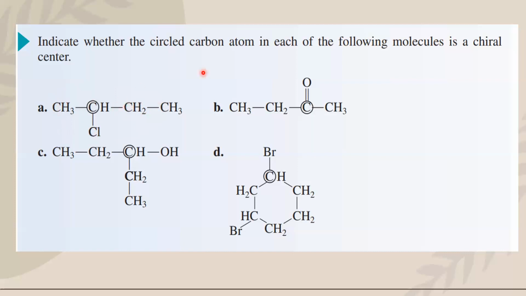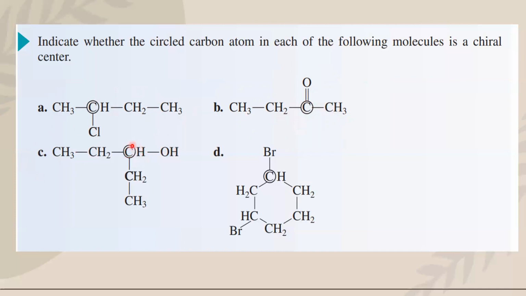atoms. Okay, so now letter B, this is not considered a chiral center because the carbon atom is attached to only three groups. Meron siyang double bond on the oxygen, but it is only attached to three groups. So, 1, 2, 3. For the structure to have a chiral center, it needs to be tetrahedrally bonded to four atoms.